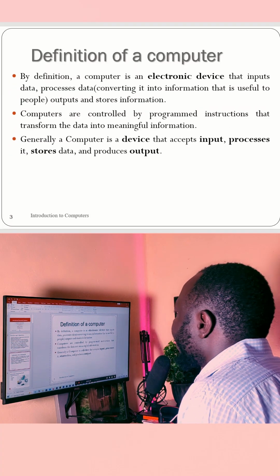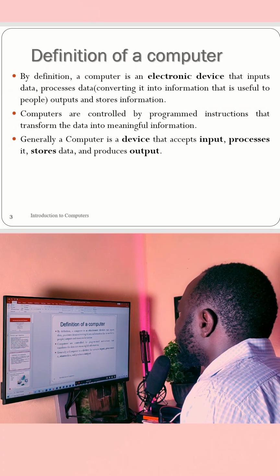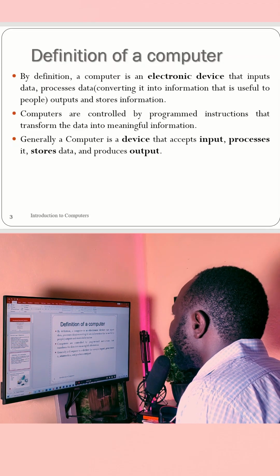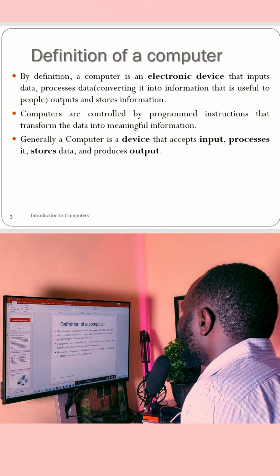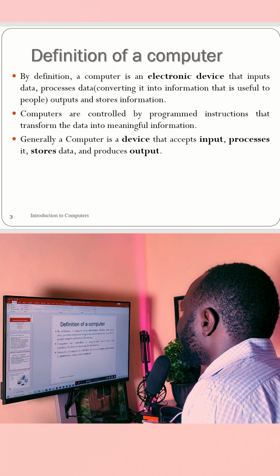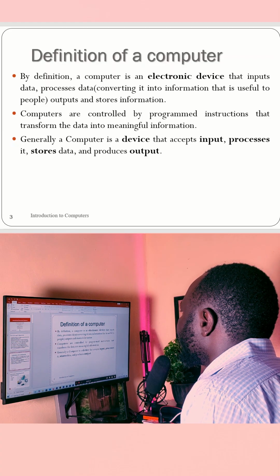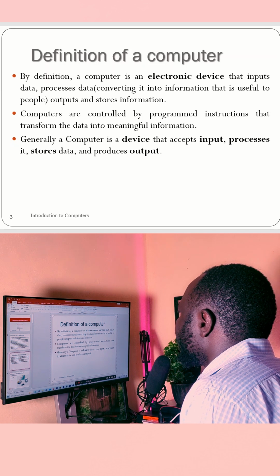Let's start by defining what you would call a computer. By definition, a computer is an electronic device that inputs data, processes the data, which is the same as converting it into information that is useful to people, outputs, and then stores the information, which is very, very true.